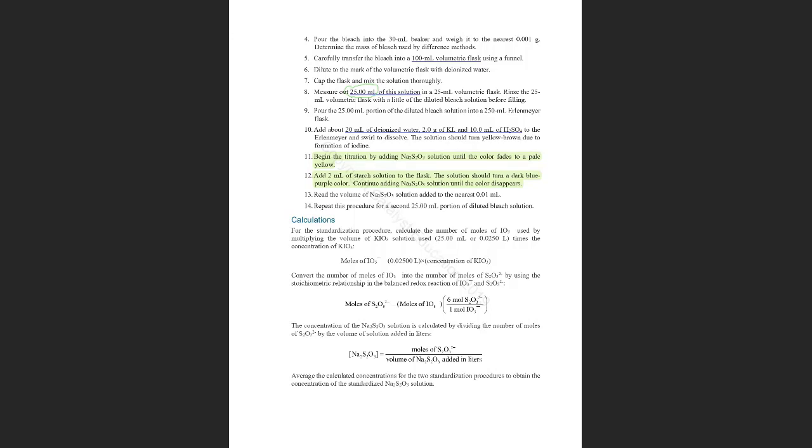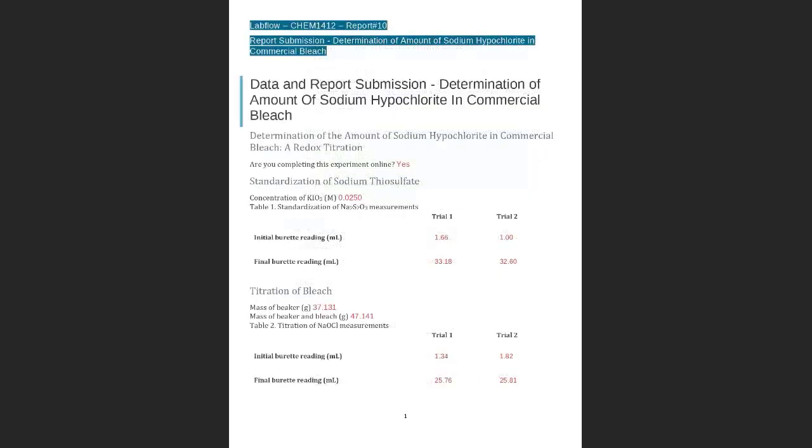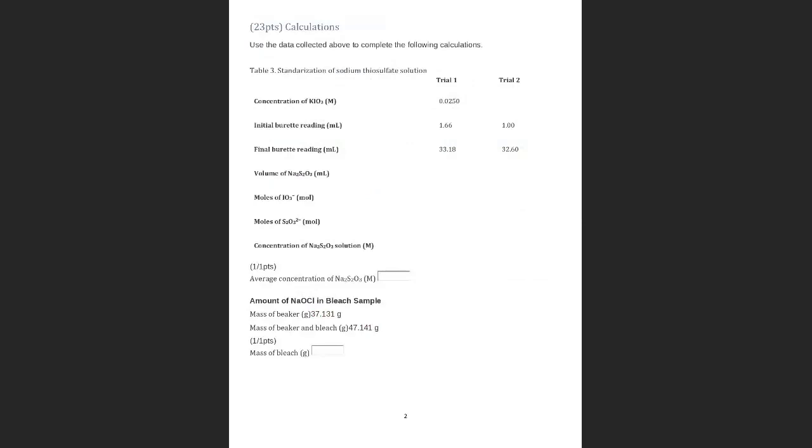So let's go back then to our report. We did the standardization. Now we are doing the sample. We know how to calculate the moles of thiosulfate and the moles of hypochlorite that we neutralize because we use 25 mLs.